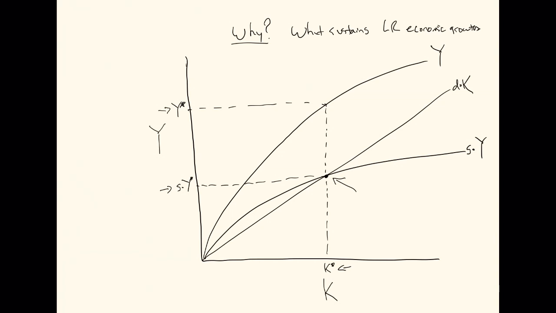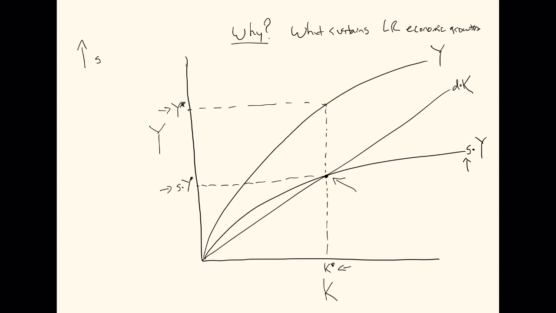So the first way they might do that, which we've seen in China over the past 30 years, is increase their savings rate. So you can think, if they increase savings rate, what's going to happen to this picture? Well, our savings rate will increase, but everything else will stay the same. What's going to shift is our steady state equilibrium.